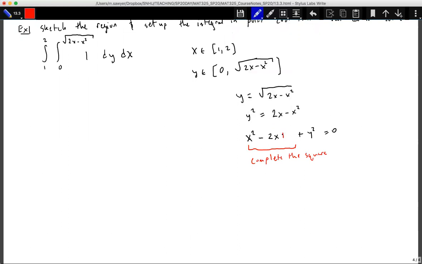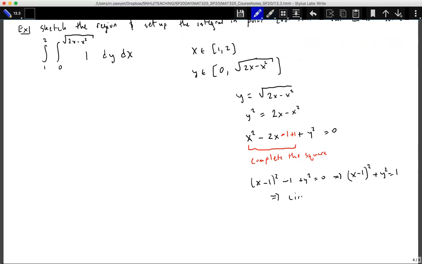So if I subtract 1 and then add 1, we can turn it into x minus 1 quantity squared, plus 1, minus 1, plus y squared equals 0, which looks like x minus 1 quantity squared plus y squared equals 1.